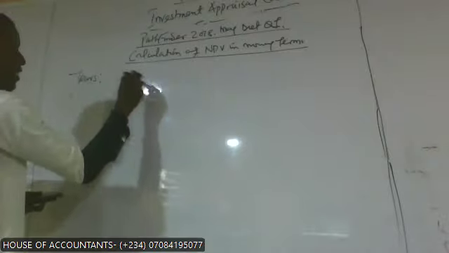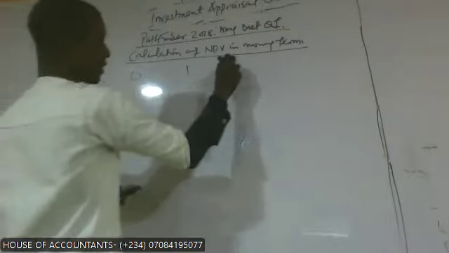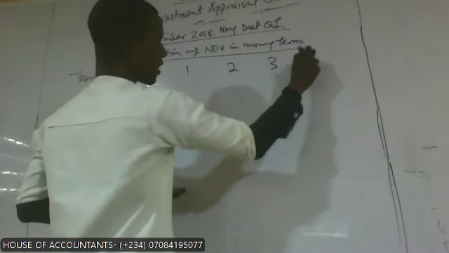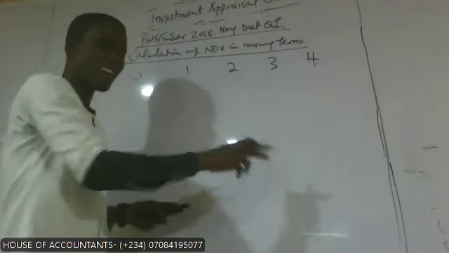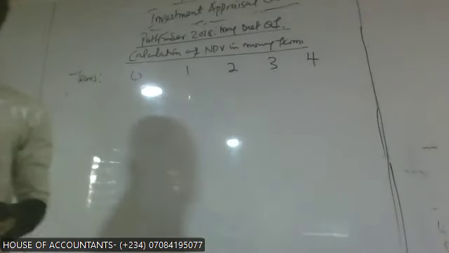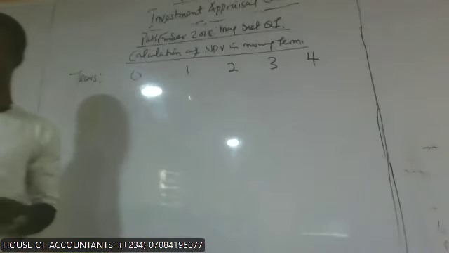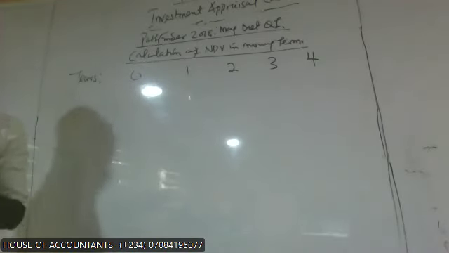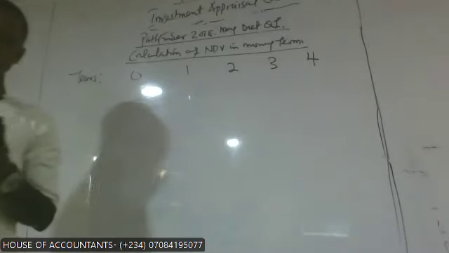So we have year 0, year 1, year 2, year 3, year 4. Don't forget, we are in class. That is why I can still write 5 years. Okay, so that is 4 years.